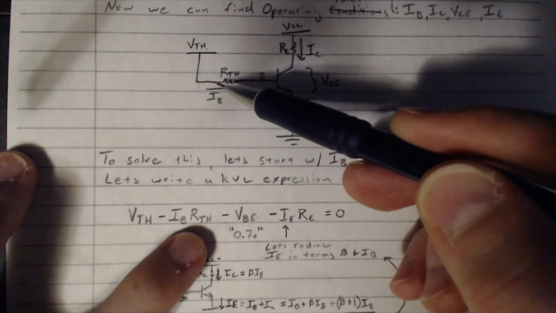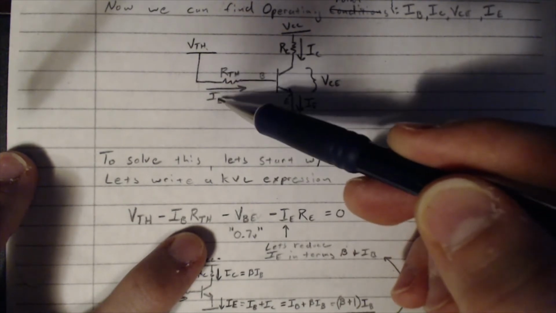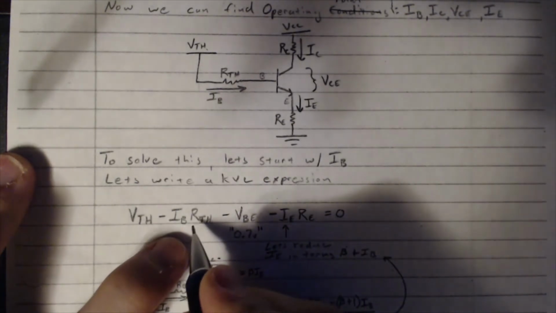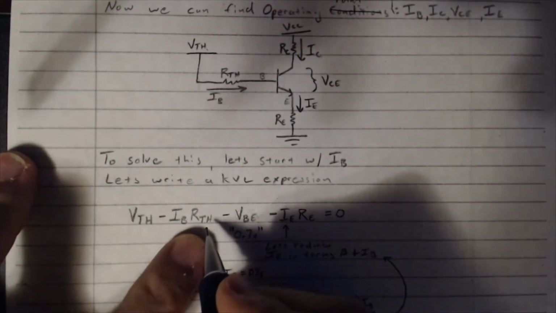Now, the voltage drop across this is equal to RTH times IB, right? That's just Ohm's law. So the voltage drop across RTH is just the current times the resistance.